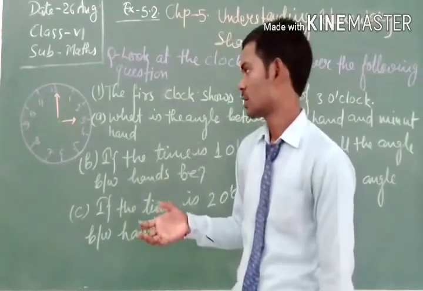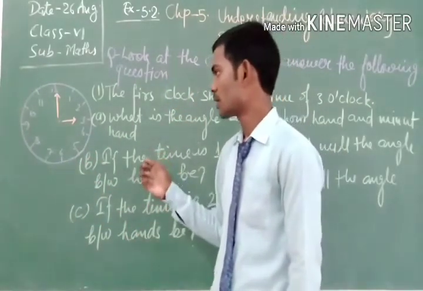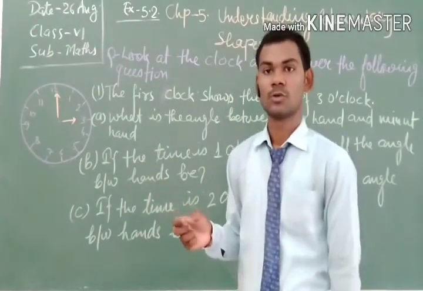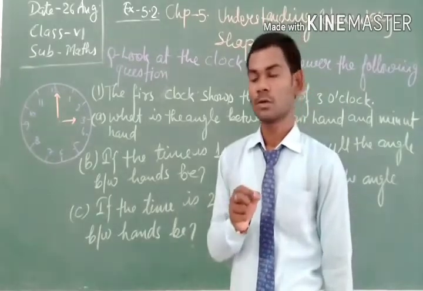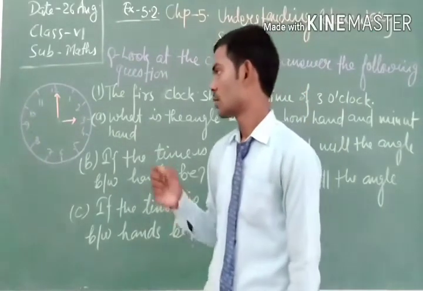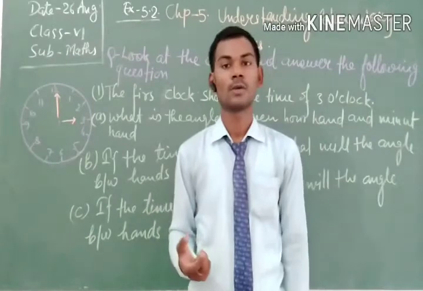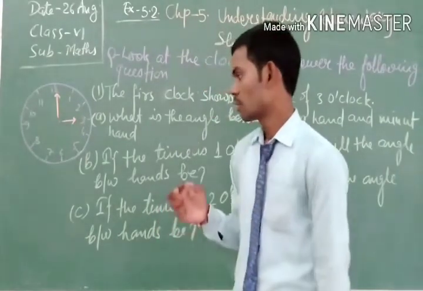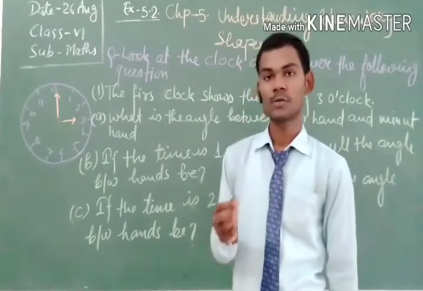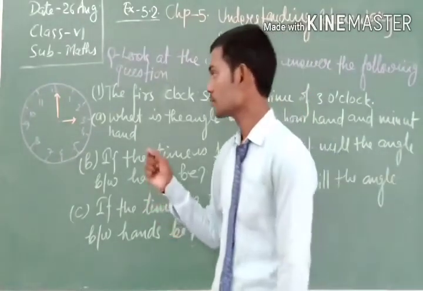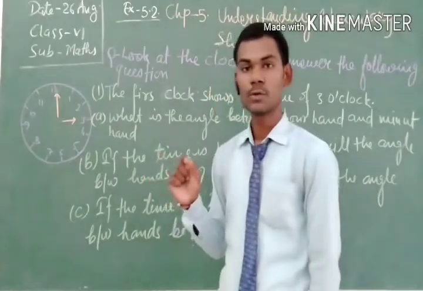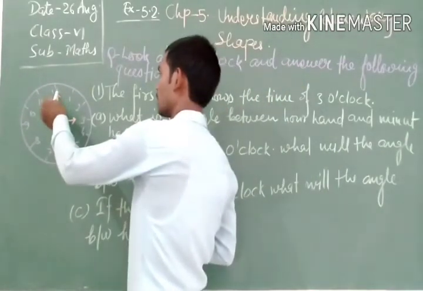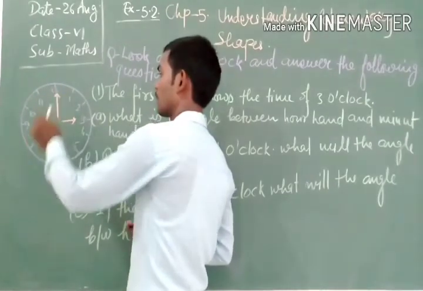As we know, here we are discussing angles, so we just need to know what angle will be formed between the two hands. One most important thing I would like to tell you is: what is the angle between two adjacent numbers, that is, the angle between 12 and 1?